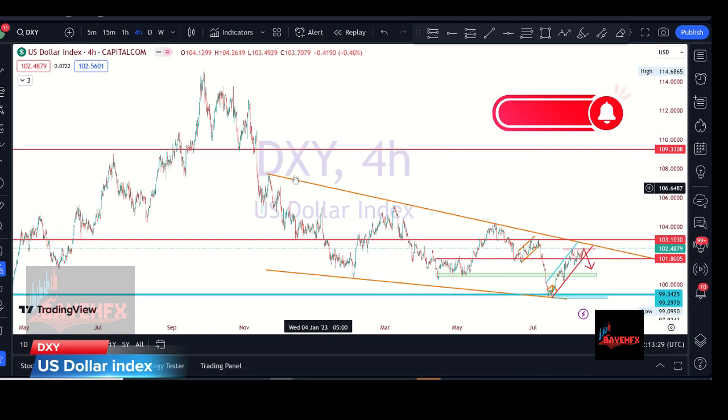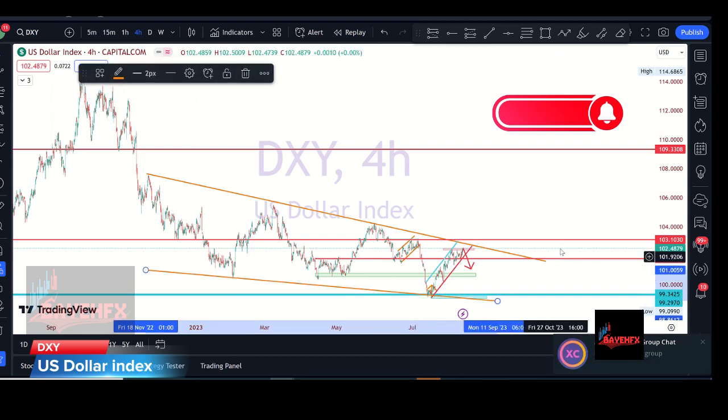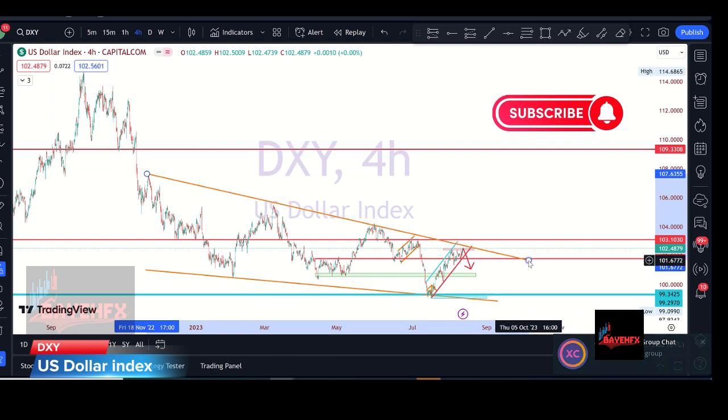out, right? As you can see, the US dollar index has been on a bearish correction for a long time. After this bearish fall, we're seeing this huge descending triangle. This signals a bullish continuation, but we don't know how long this is going to take.